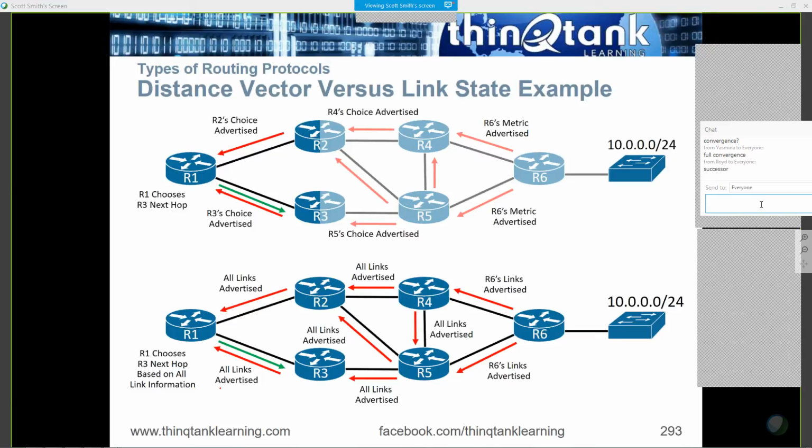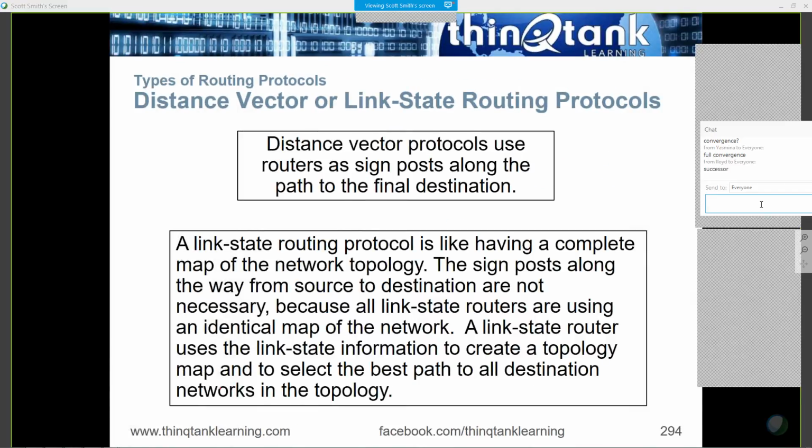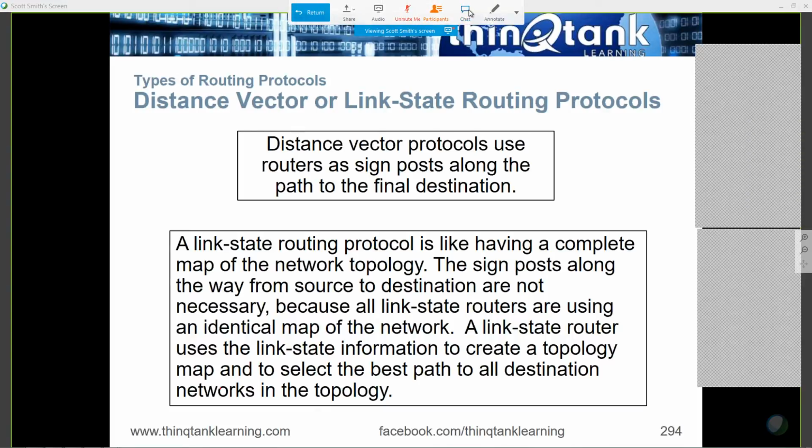Ultimately, like I said though, the goal is to get the packet to the next router. There's no difference ever in any routing method of how we route a packet. It's always, always, always route the packet to the next router. How we make that decision is what's different. Okay?